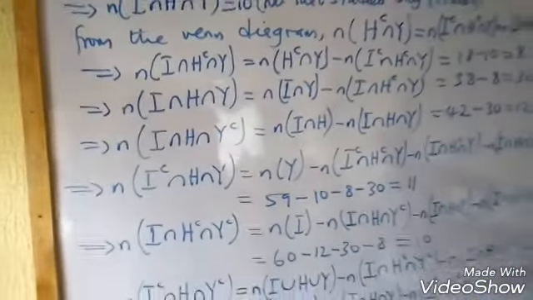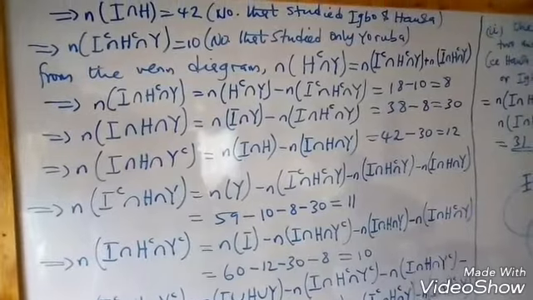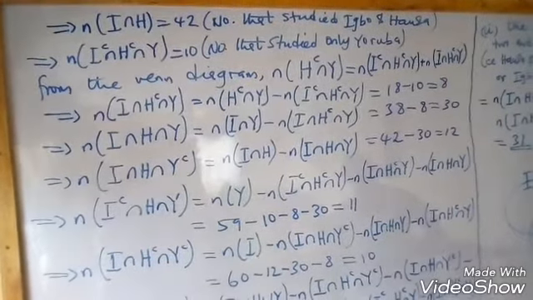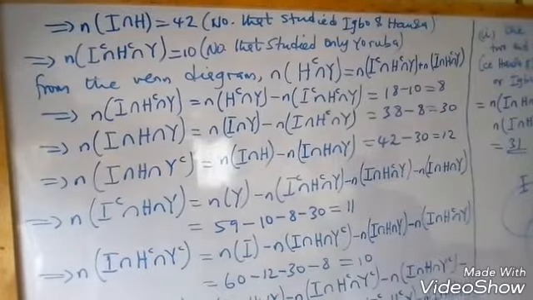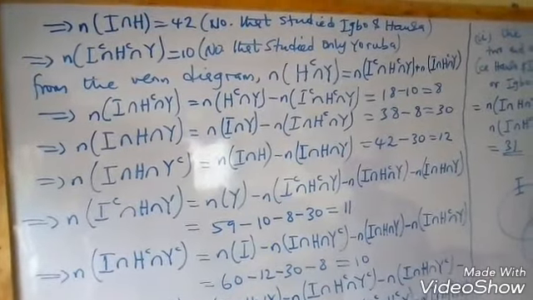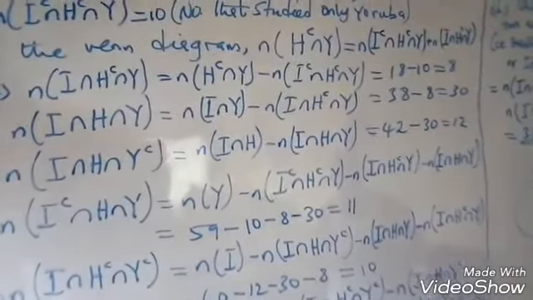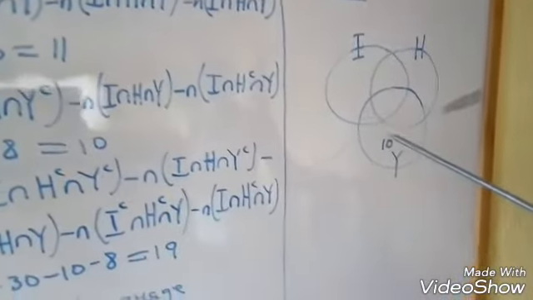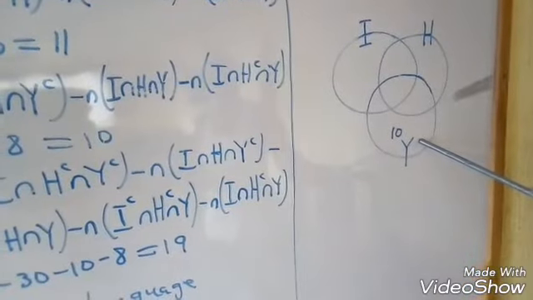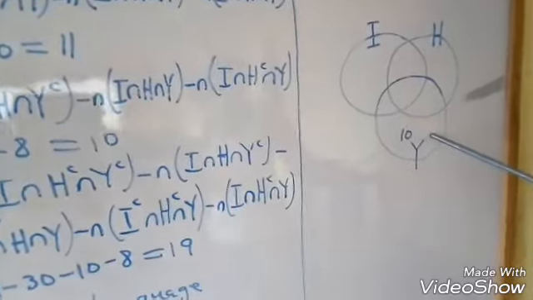Then, from that same Venn diagram, we are told that H complement intersection Y equals N of I complement intersection H complement intersection Y plus N of I intersection H complement intersection Y. We are talking about this region. These two regions, from here to here, represent H complement intersection Y.